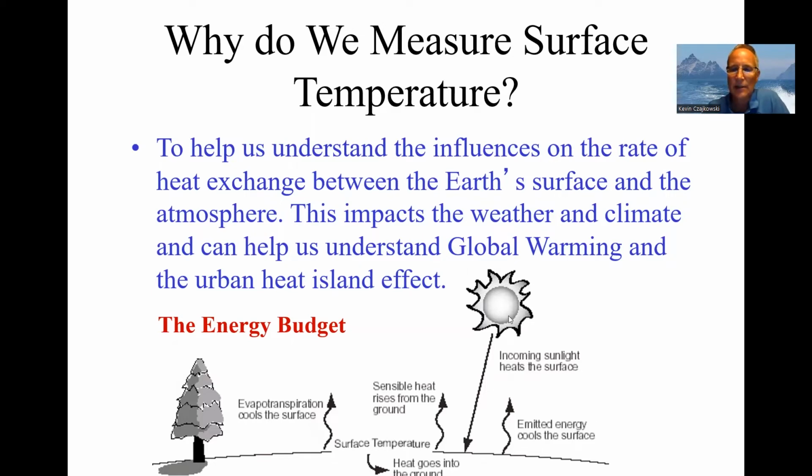And why do you do that? Well, the sun heats the ground up, and that's the surface, like the vegetation on the surface, or pavement, buildings. Then the energy from the surface goes into either evapotranspiration, so that's evaporating water from the surface or from plants. It goes into sensible heat, which is the air temperature we feel, and that's why we do an air temperature observation as well.